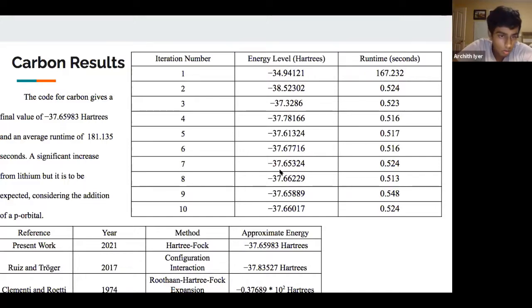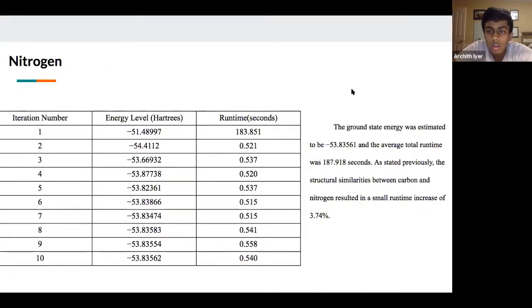This is a significant increase from lithium, but it's expected because we're adding a p orbital when we go into carbon, and this requires additional computation. Again, there's no correct answer, but our value was really close to the commonly accepted ones, which were 37.83 and 37.68, and we got negative 37.65.